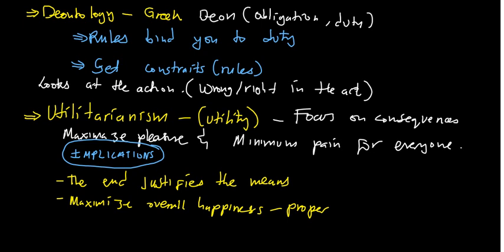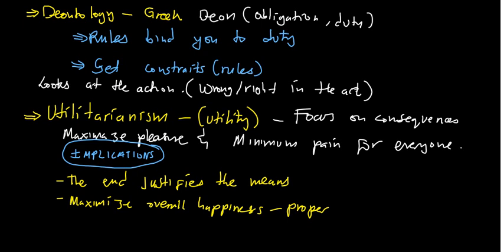Another implication of this theory is that the agent knows or can predict the consequences of an action. So you can basically predict the consequences of an action as an agent. If you are an agent, for example, yourself, you are able to predict the consequence of an action.